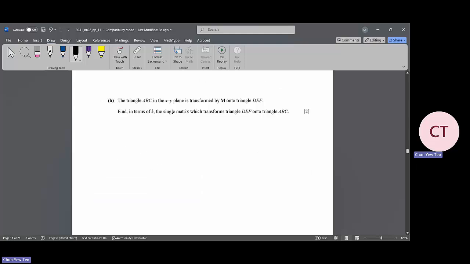We are having a triangle ABC in the XY plane and transformed by M onto DEF. So we know that this is the object, this is the image. We want to find, in terms of K, the single matrix that transforms the image back to the object.